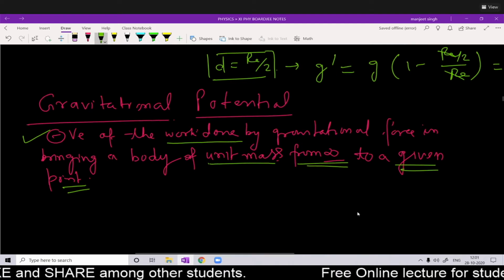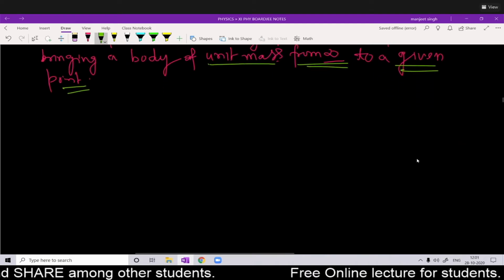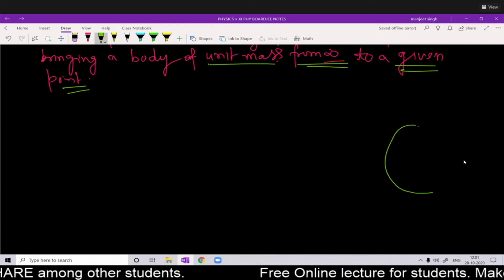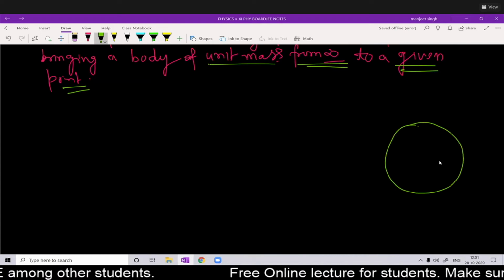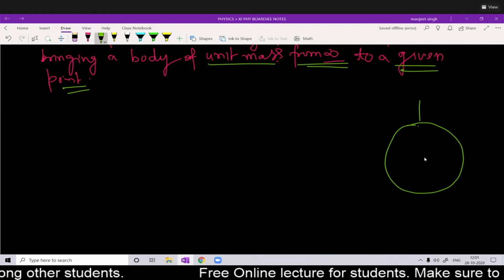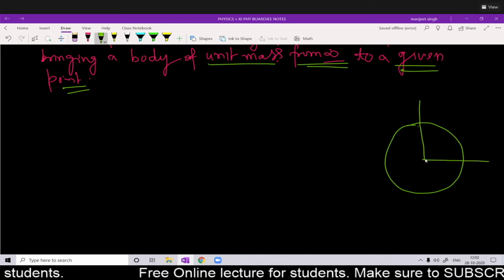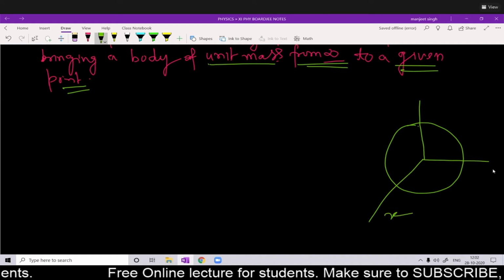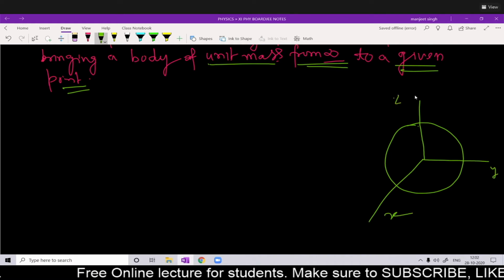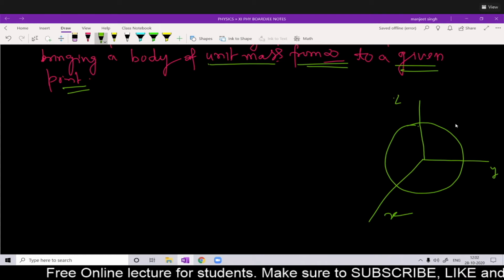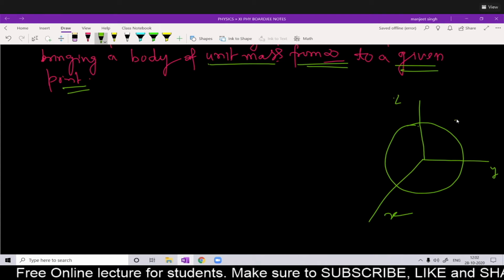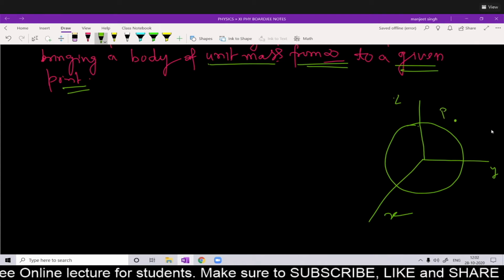So we will make a figure here. This is Earth, and make the X, Y, and Z axis. And at a certain point, we have to calculate the potential.